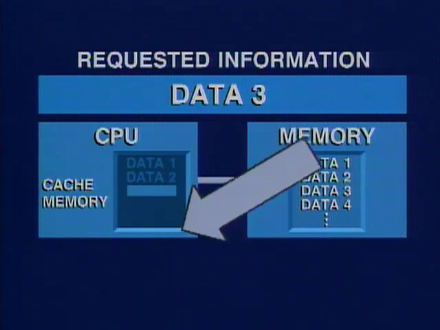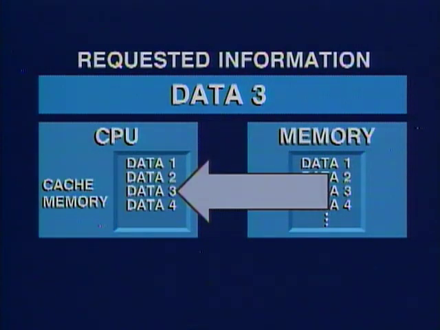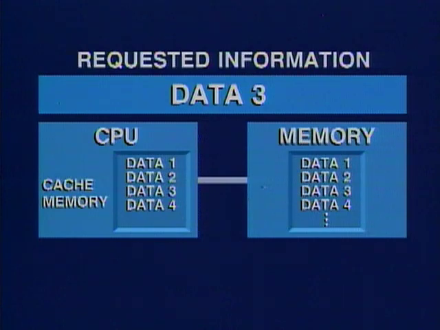In addition to retrieving the information that was specifically requested, cache memory also retrieves and stores additional information from main memory. Cache memory works because it can successfully predict which information a program is likely to require next. Programs have a tendency to make most memory accesses in the vicinity that was just accessed.